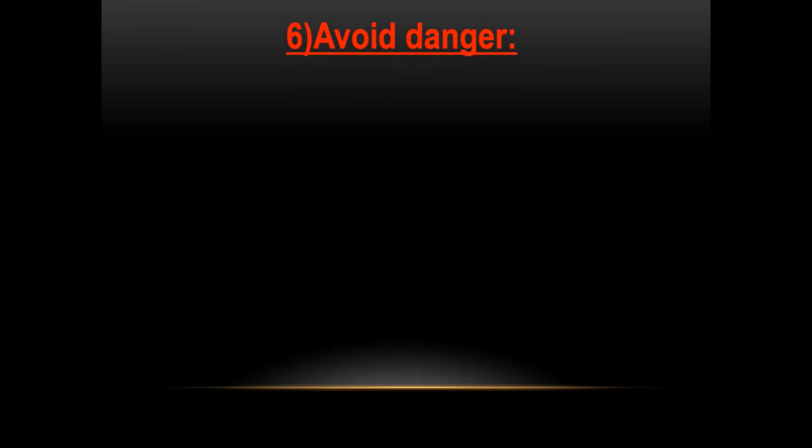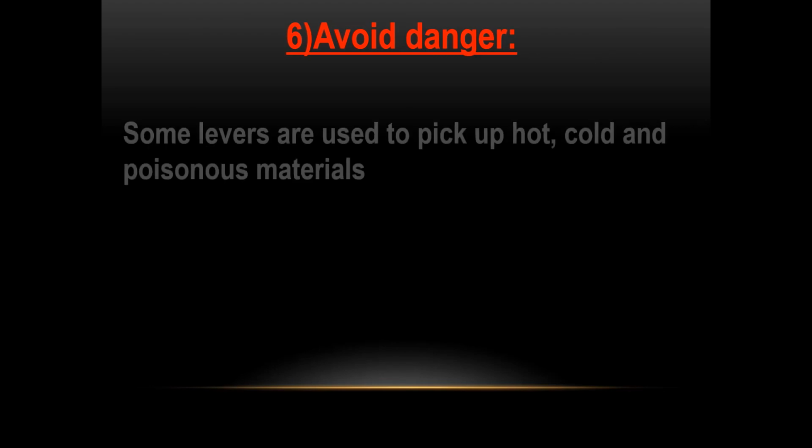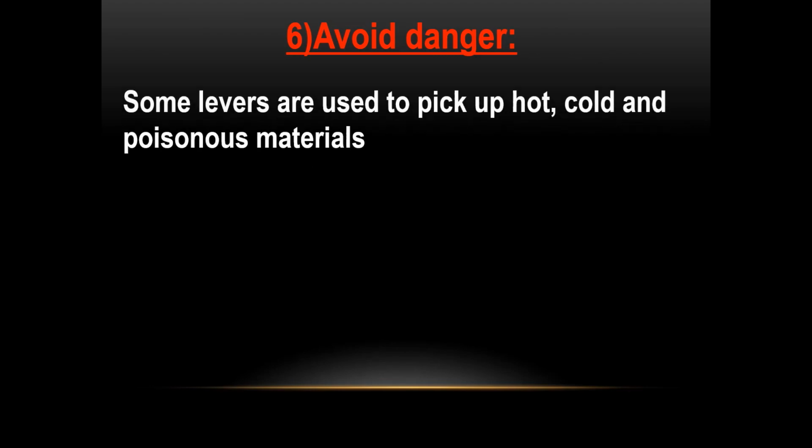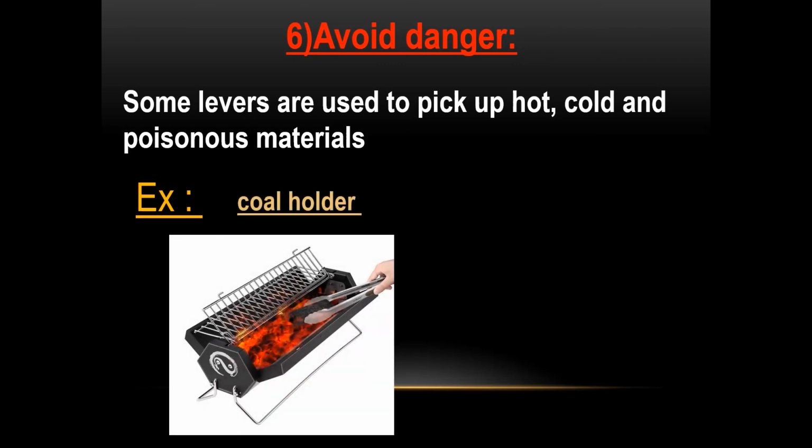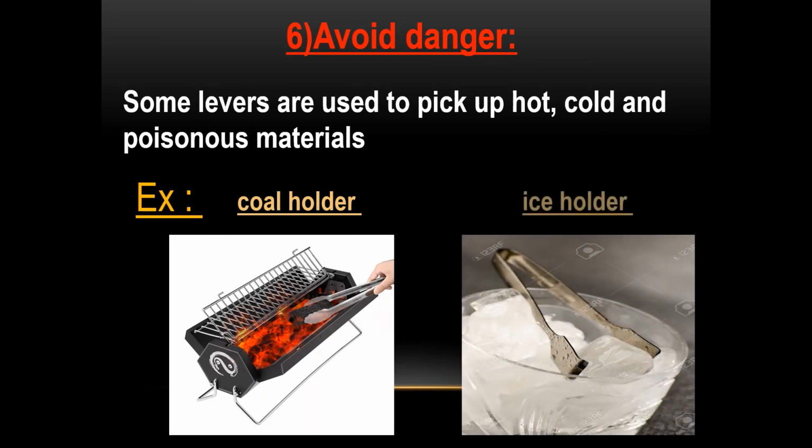Okay, the last important one, number 6, avoid danger. Some levers are used to pick up hot, cold, and poisonous materials. For example, coal holder, do you know it? What else? Yes, ice holder.